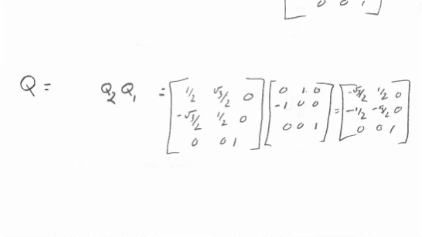So Q is equal to Q1, Q2. It's left multiplication. I do this action first, followed by this action. So we can do composition in that way.